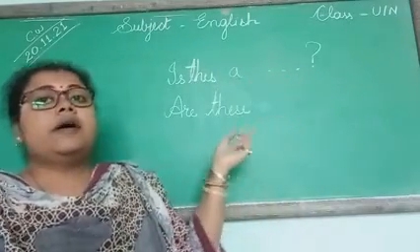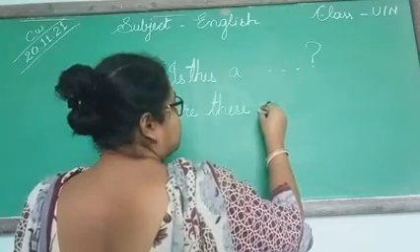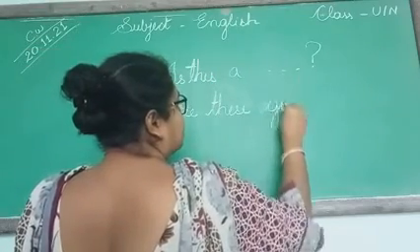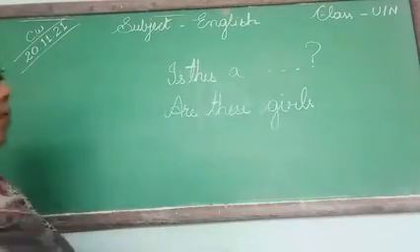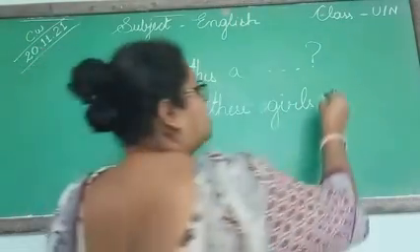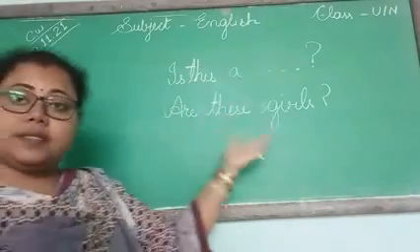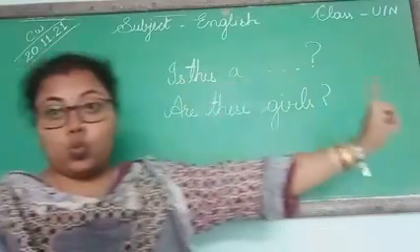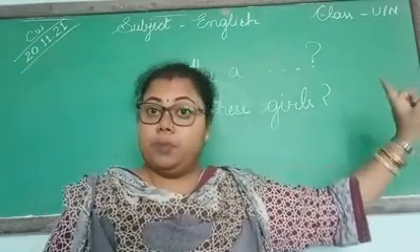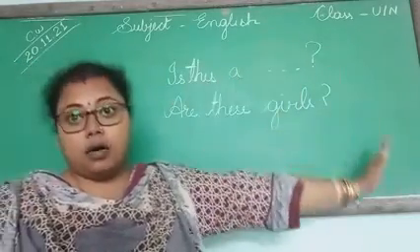So here, are these girls? Here will be the question mark. Understand? First difference: if there is one picture, it will be singular and the question will be is this a?